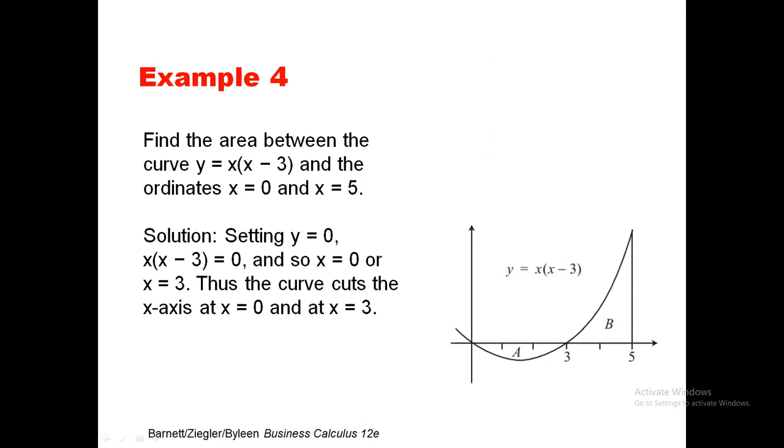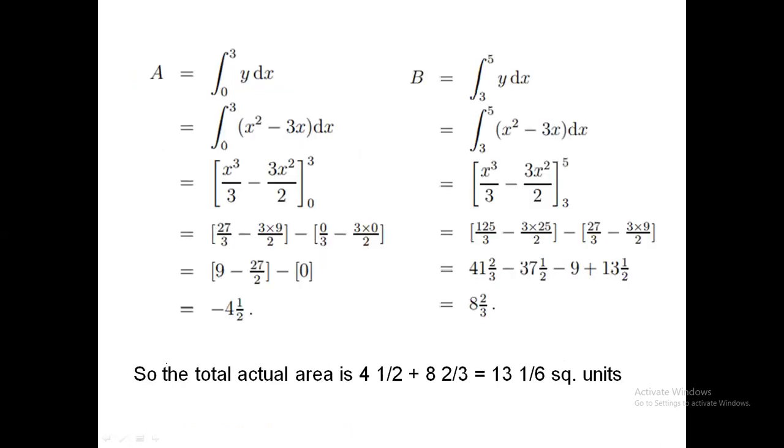If you look at the solution here, there's no negative sign written before it, so you see an answer which is negative. But once you consider the negative of this negative answer, you will have something positive already. For B, you will have the same equation, but a different set of limits: 3 to 5 for B and 0 to 3 for A. Still, you get the sum of the two.